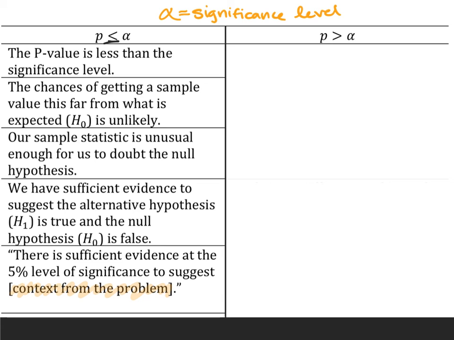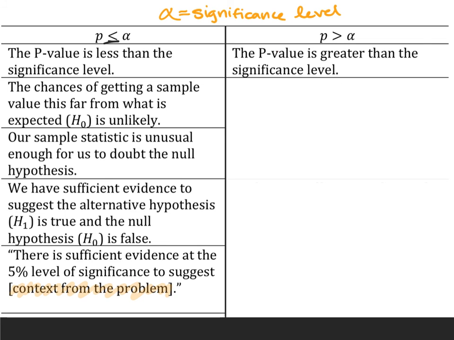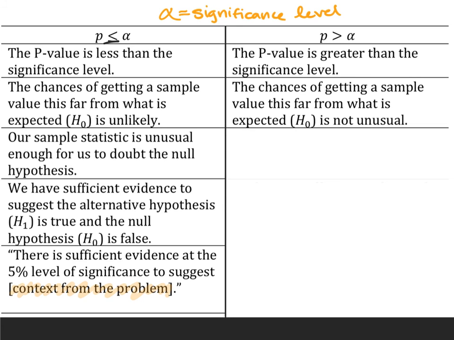All right, and now what if our p-value is bigger than alpha? Well, then, putting that into words instead of symbols, the p-value is greater than the significance level, which means that the chances of getting a sample value this far away from what is expected is not unusual or unlikely.